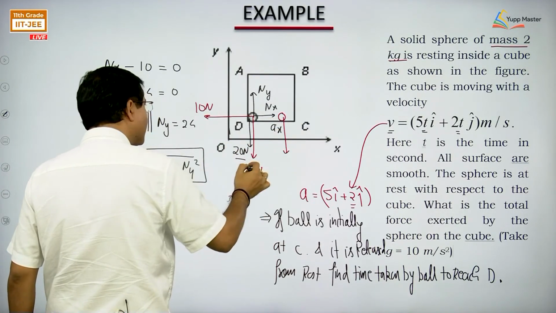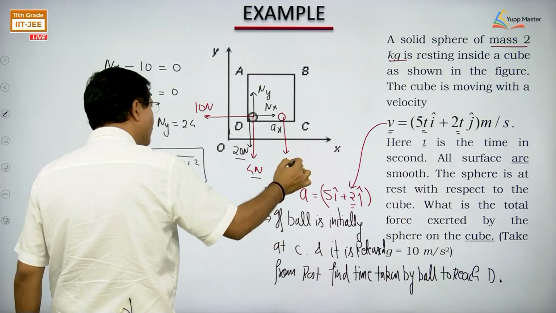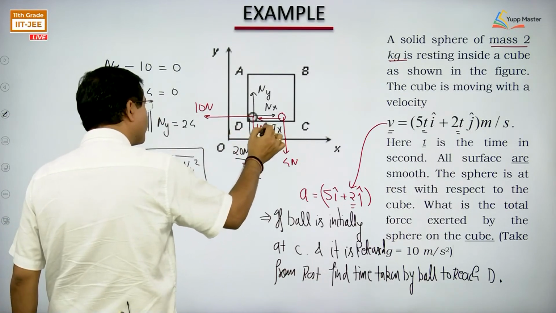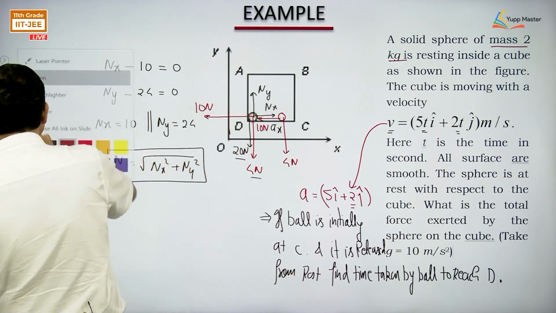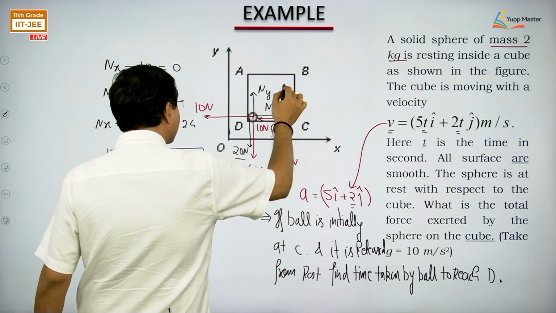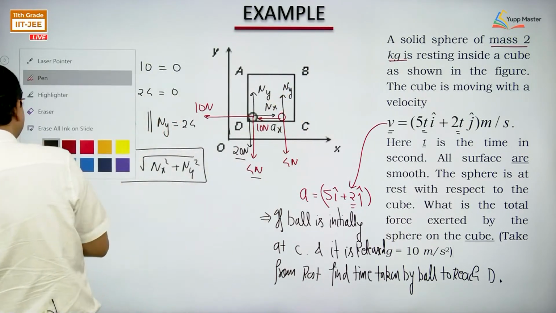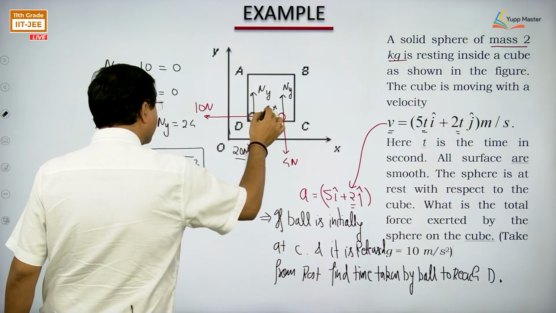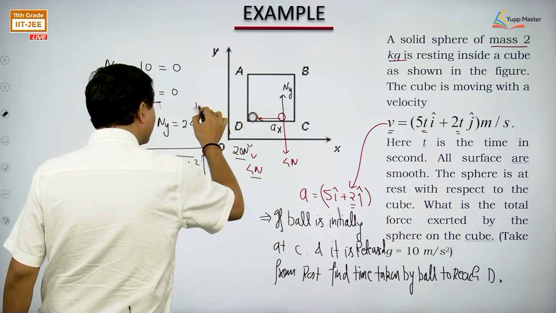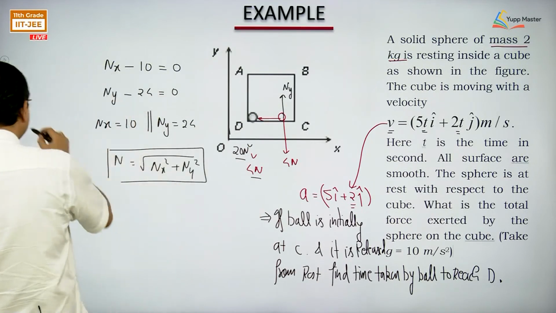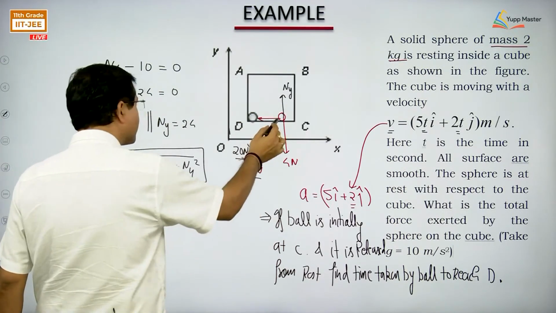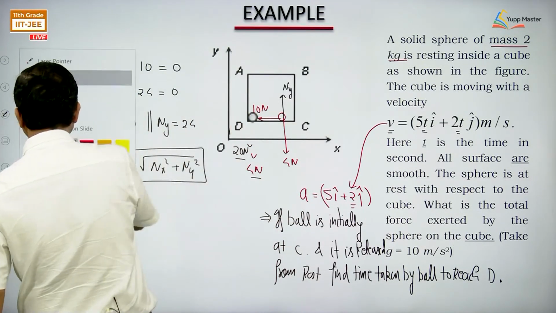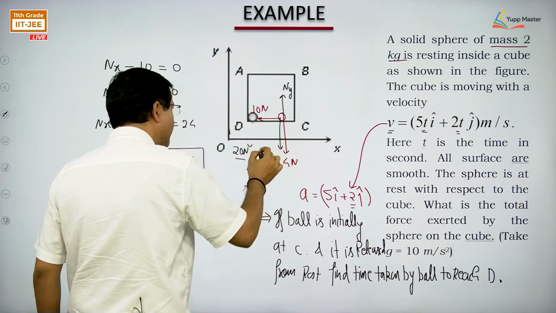So this pseudo force in y direction, this pseudo force in x direction 10 Newton, Ny in upward direction, then on the ball, right now these are the forces along with the weight. So now the ball is at a new location. For this one, this horizontal component of force will be 10 Newton, and then this is 20 Newton weight.